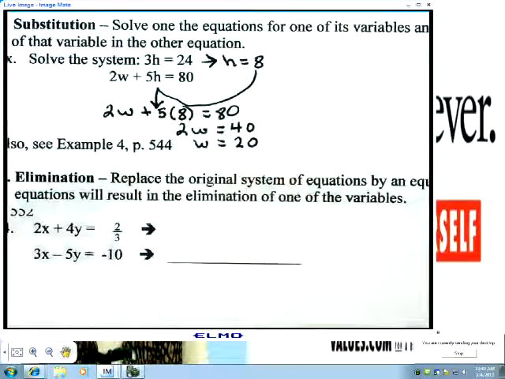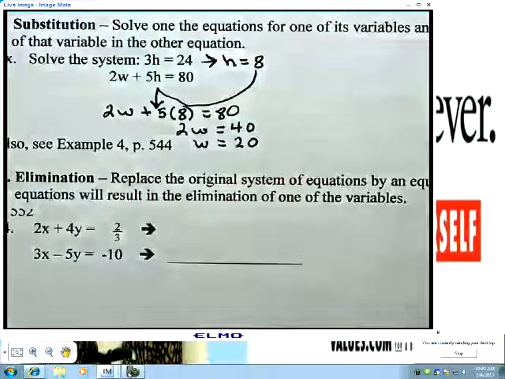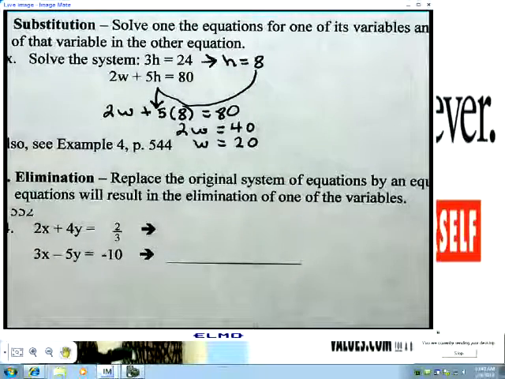Ooh, if this was a multiple choice test, would you say it has one solution, two solutions, no solutions, or infinitely many solutions? That's what I'd put for A, B, C, and D. It only has one solution. I was afraid someone might say two solutions, 8 and 20, but 8 and 20 aren't separate solutions.